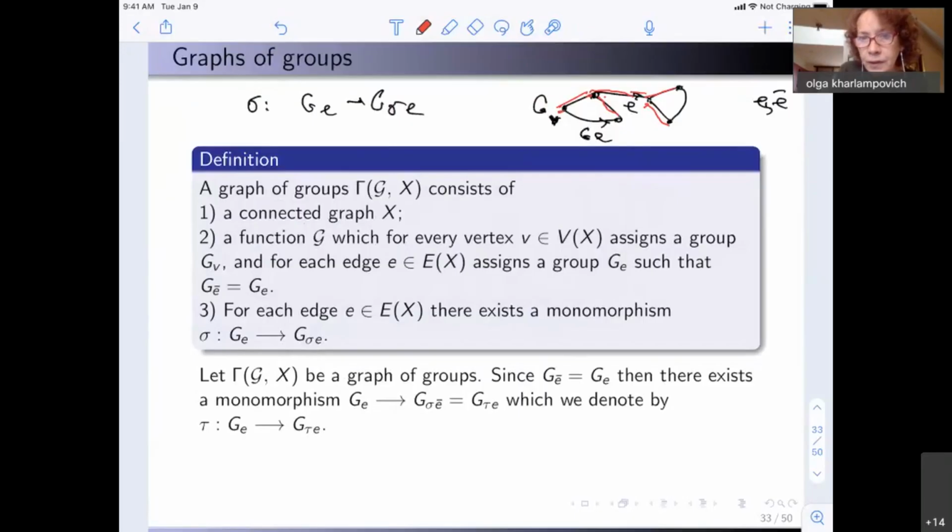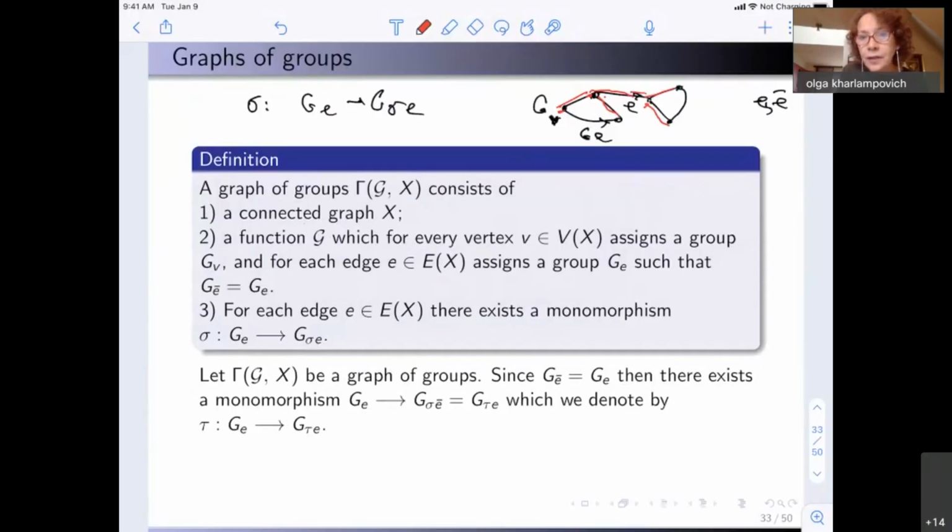Then we take the amalgamated product of what we got with the next vertex, and then of what we got out of three of them with the group of the next vertex along the edge, and so on for each vertex. So we have a tree product made of amalgamated products for this maximal subtree.